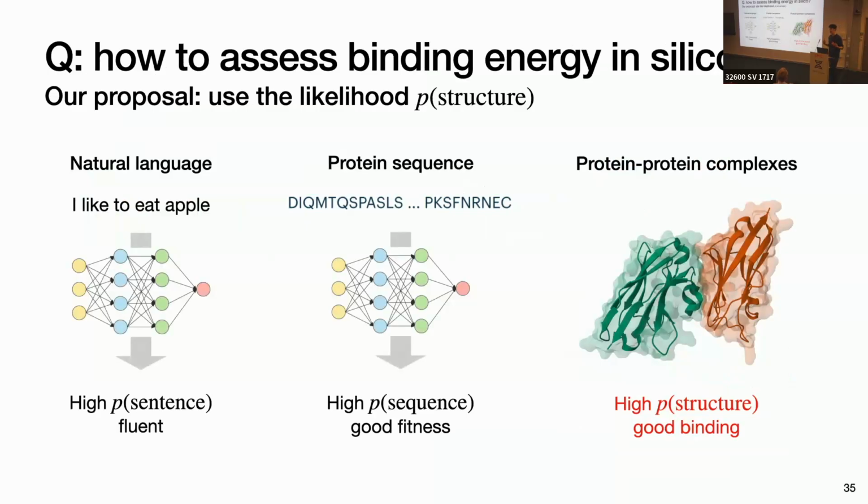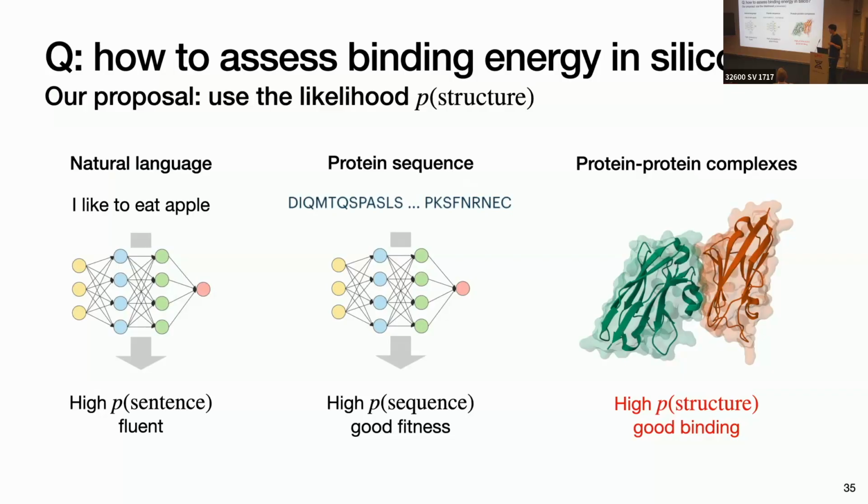If you are familiar with language models, like ChatGPT, these natural language models essentially learn the maximum likelihood estimation of your text, right? If you want to generate a sentence that looks good, you want something that has high likelihood.